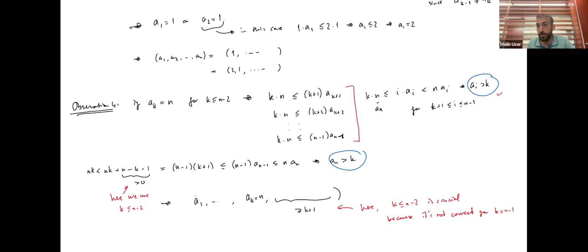After all of these numbers are greater than or equal to k plus 1, this number is also greater than, of course, k plus 1. So we have more numbers that are greater than k plus 1. How many numbers are greater than or equal to k plus 1? n minus k numbers. And we already have n minus k things here.